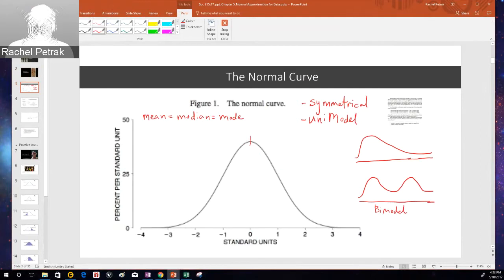Significant difference is a statistical term, and we'll discuss exactly how to assess whether these are significantly different or not. But for now, the thing to remember is they should be approximately equal in a normal distribution.